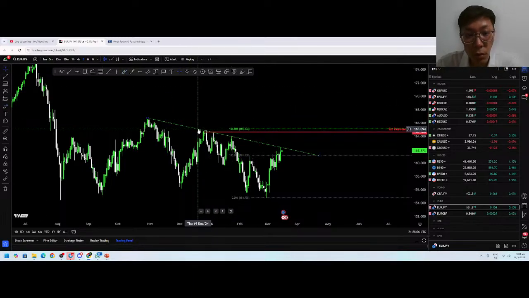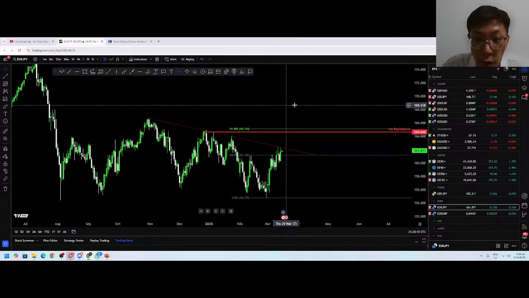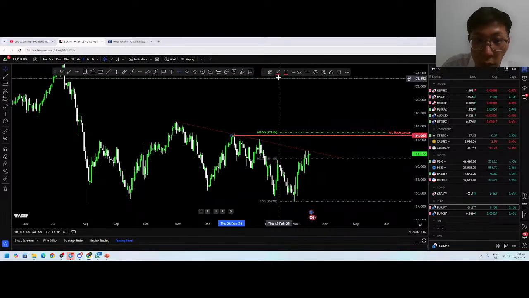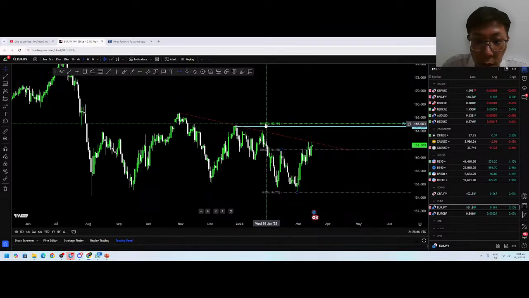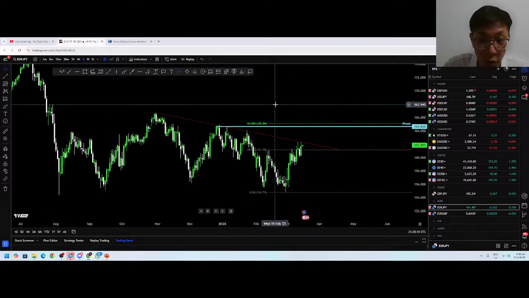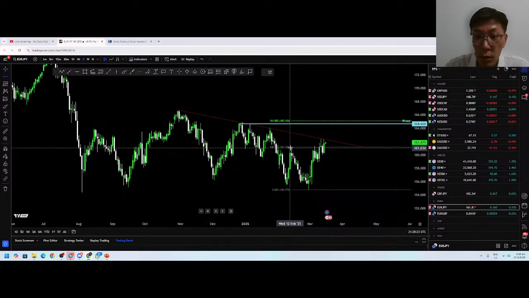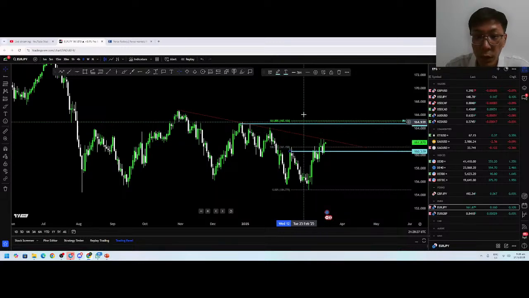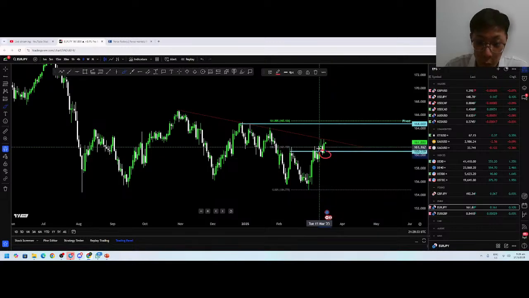Okay, let's put this as our bearish trend line. Then this is our pivot point, the 161.8 Fibo extension level. Then this will be our support level right here. Not super clean, you can see how price protrudes a little bit, but it's fine.